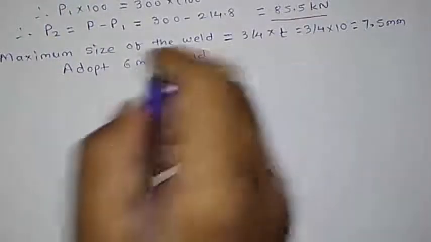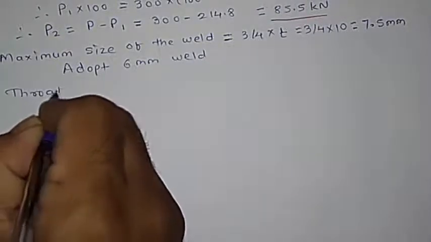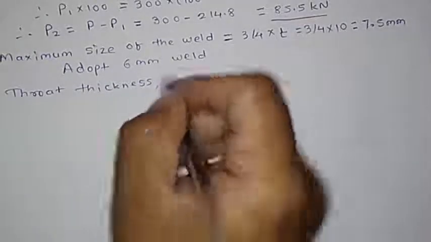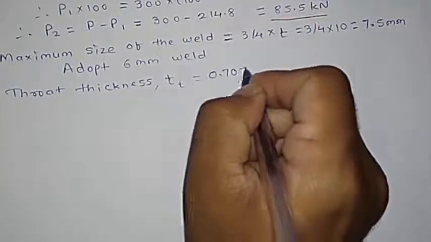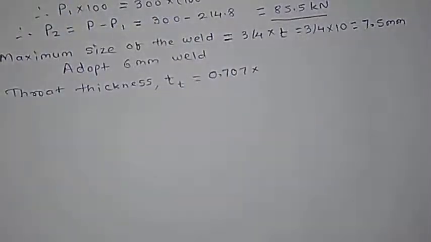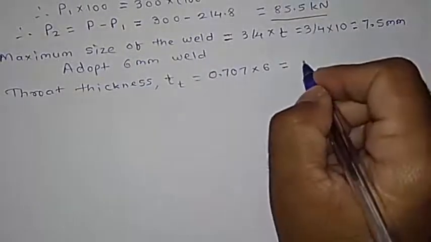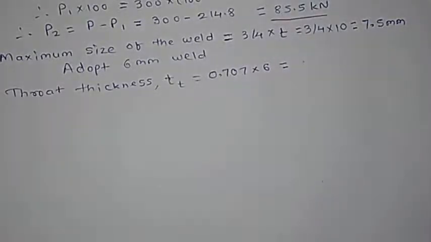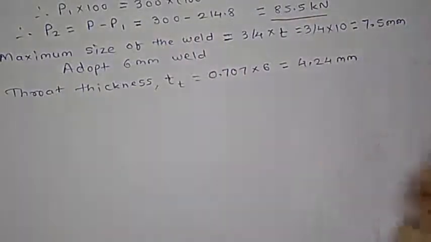Now we need to calculate the throat thickness, denoted by TT, and as you have seen, this is 0.707 more accurately, of the 6 mm weld, so multiplied by 6. So this is going to be around 4.24 mm.